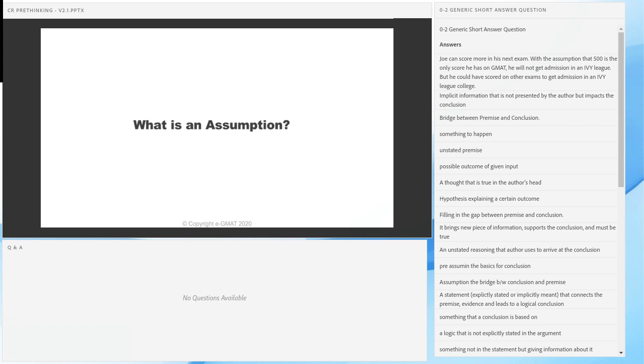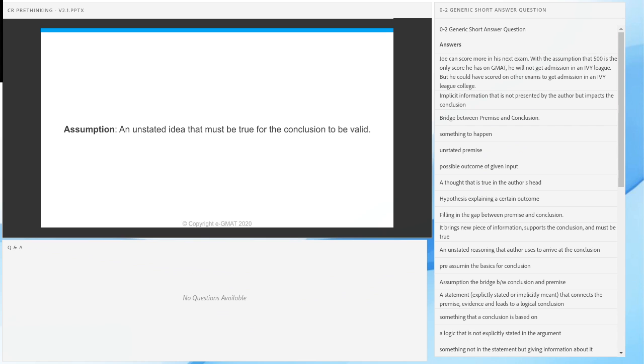A lot of other definitions kind of beat around the bush. In very simple terms, an assumption is an unstated idea that must be true for the conclusion to be valid. It's a more succinct way of saying new piece of information that supports the conclusion and must be true. So essentially, it's an unstated idea, which means you cannot infer this from the argument.